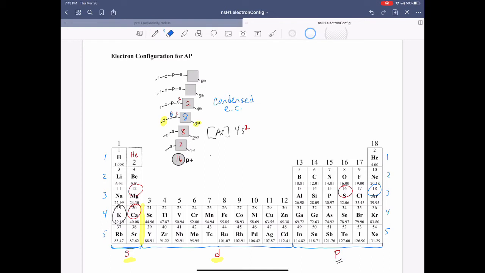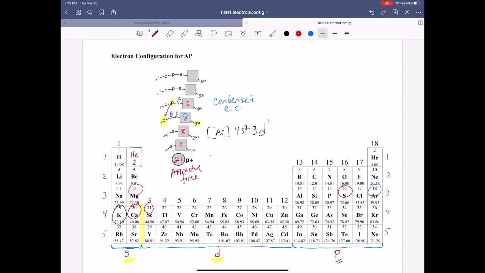It so happens, if we now are referring to scandium with its 21 protons, that 21 protons is enough attractive force to pull the 21st electron back into a d orbital that is in the 3rd energy level. So the electron that we might have thought we should put out here in the p is actually pulled back and put into the d orbital. So for scandium, we would write 3d1.